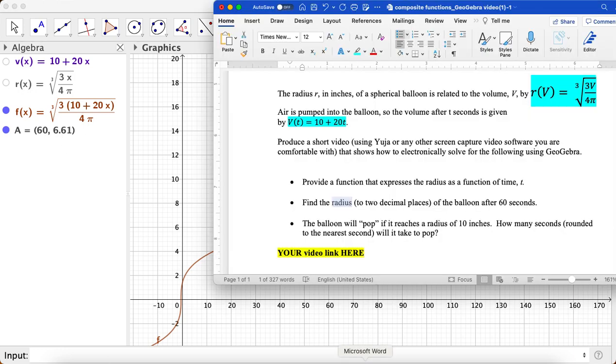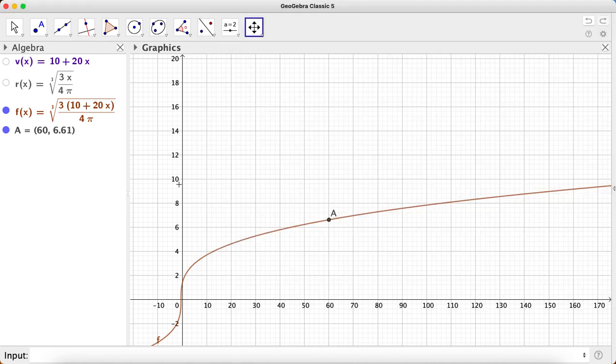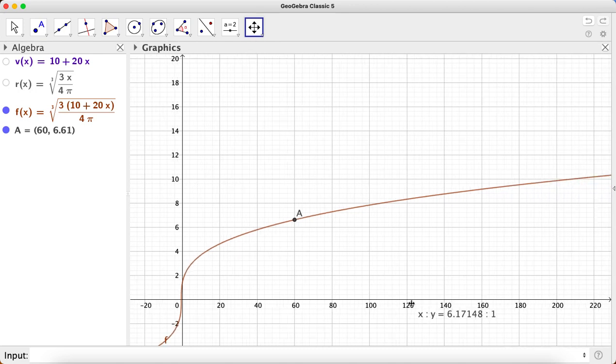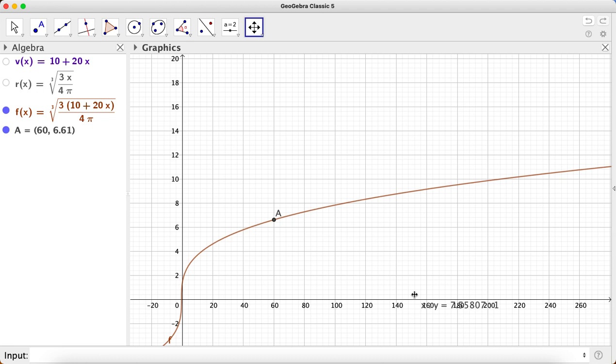The last question says that the balloon will pop if it reaches a radius of 10 inches. So at what time will it pop? Well, here's our 10 inches, and it might take a little bit more scrolling to figure out, oh, there, it hits somewhere around here, around this point. Well, in order to find that, we need to use the intersection tool.